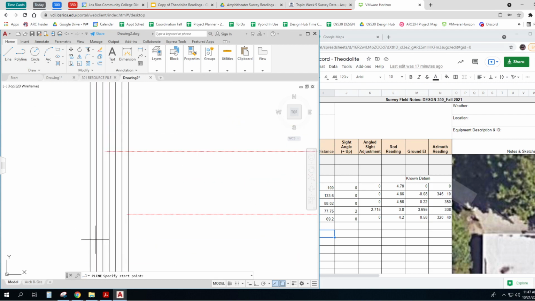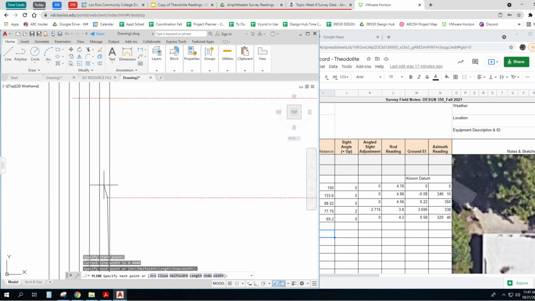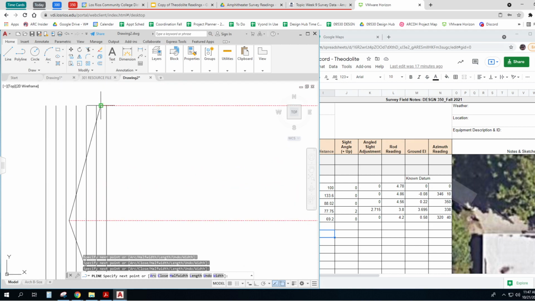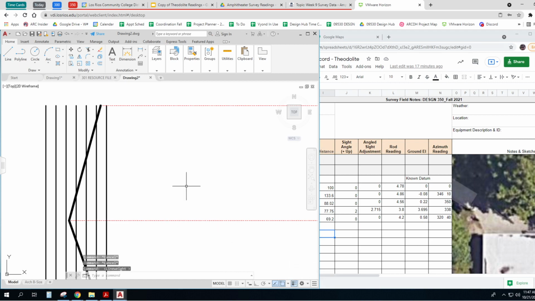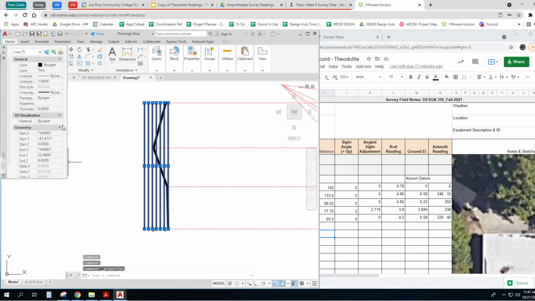and draw my polyline. Now, I think these ones are a little bit too heavy. So I'll just change those properties to give it a little transparency.